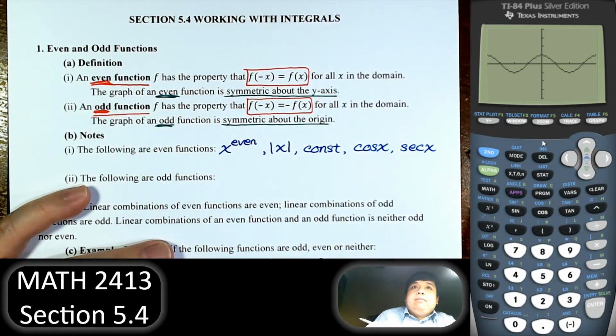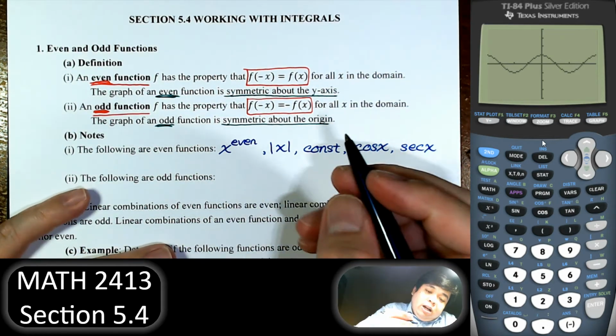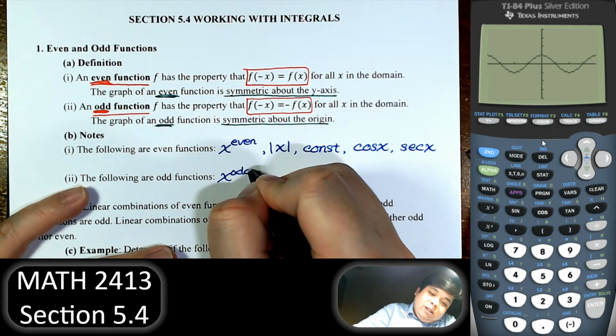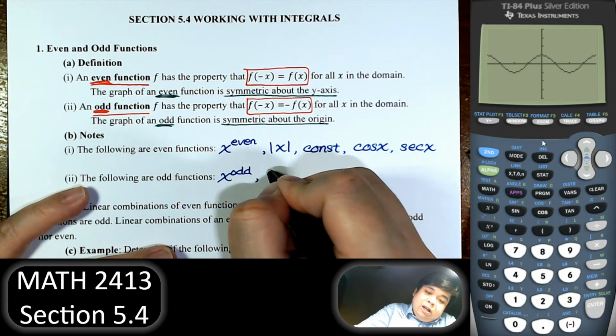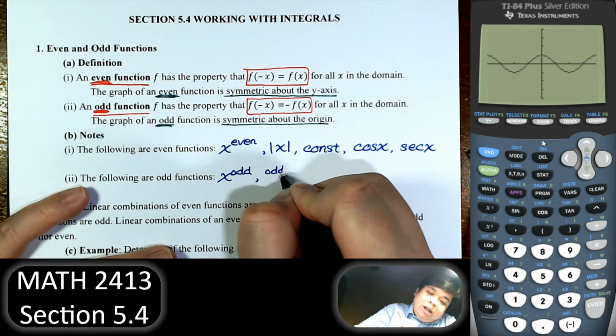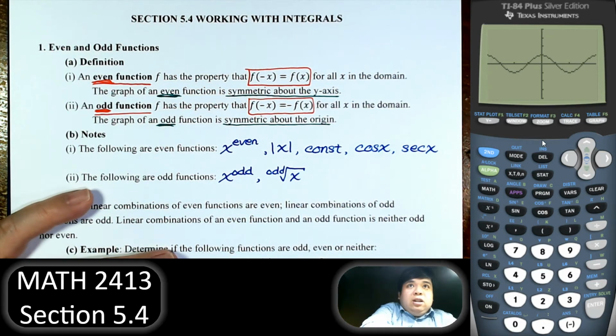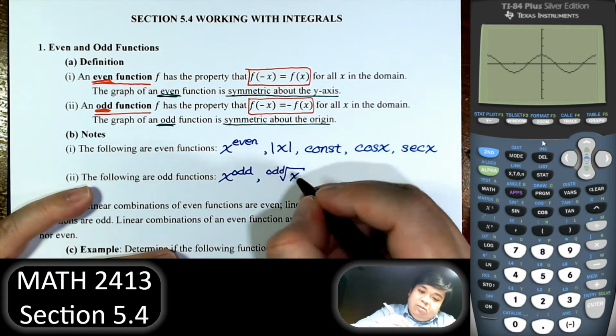Right. Now, odd functions. An odd function will be x to an odd power, or an odd root of x, or 1 over x.